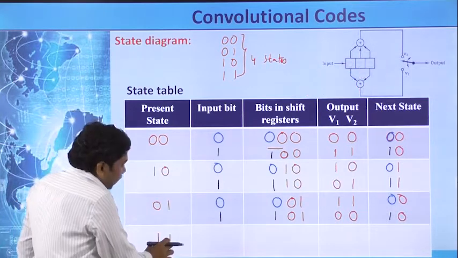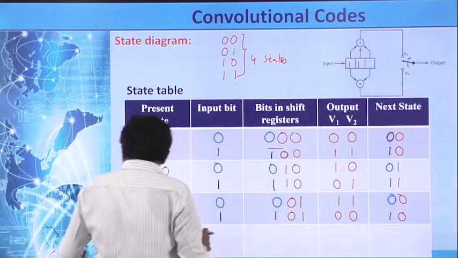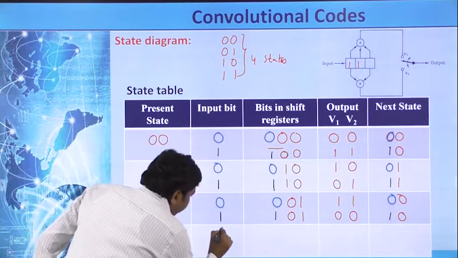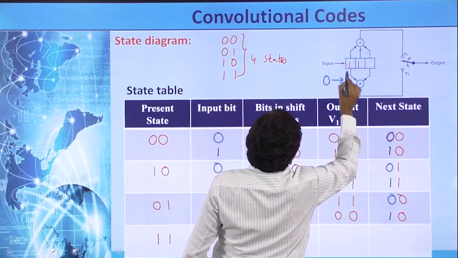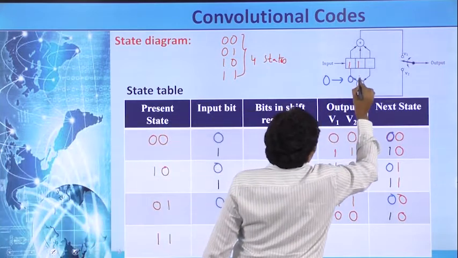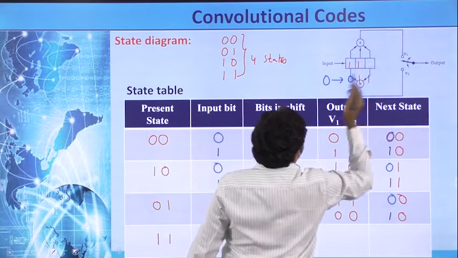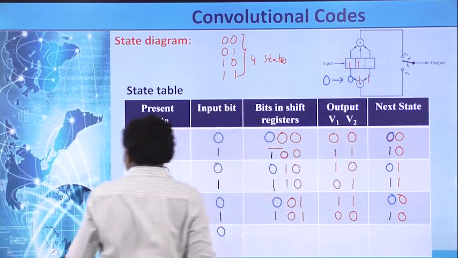So, present state is 1, 1. The input applied is 0. So, when the input is 0, so this 0 moves into the first place. So, this one comes to here and this one comes to here. Okay. So, the bits in shift register are 0, 1, 1.